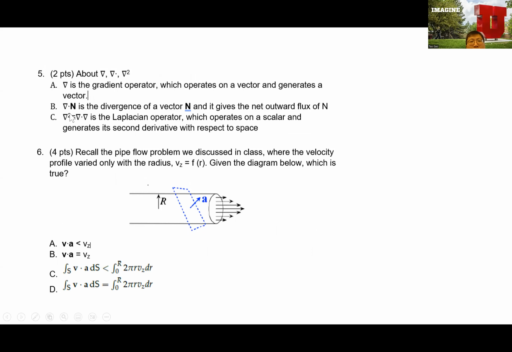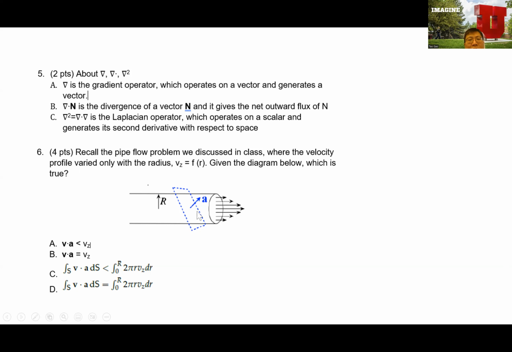5 is pretty obvious. I think most of you are able to get the right answer. 6 is kind of difficult, because it really requires a good understanding of the dot product and also of the integral. Here, Vz is the velocity, right?